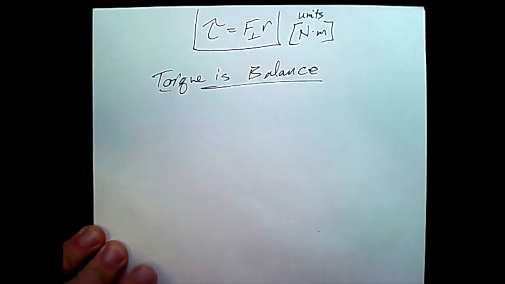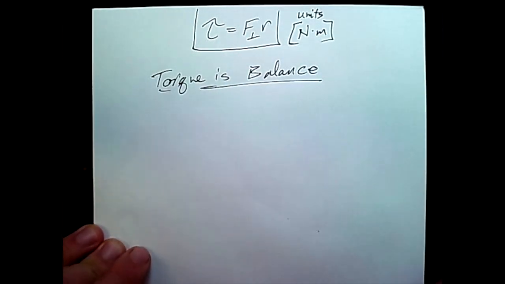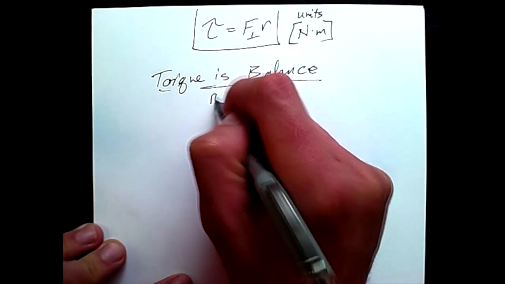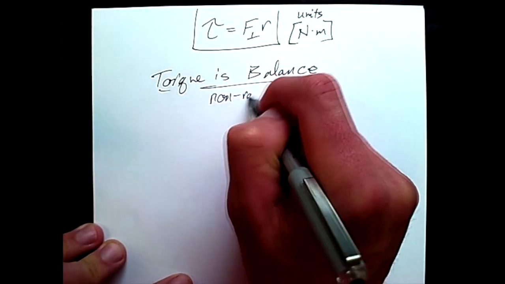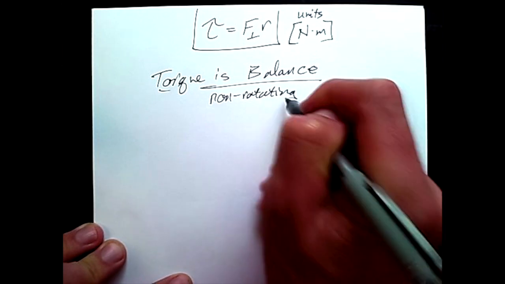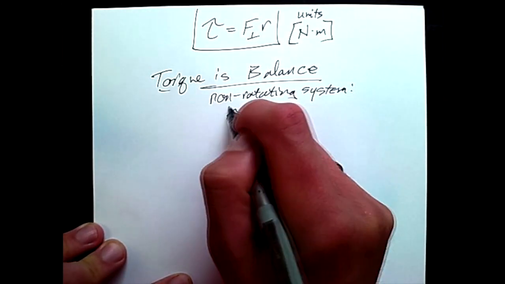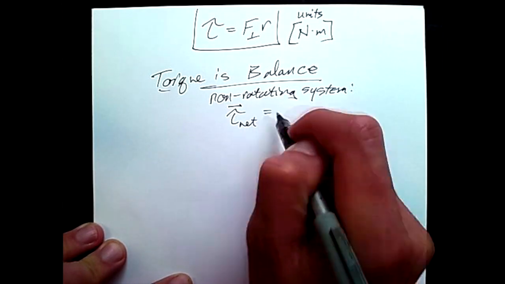Besides your most basic problems of turning knobs and rotating wheels, torque is also an effective way for static systems, in other words, systems that are not moving, that are balanced. We use the fact that a non-rotating system would have a net torque as vectors equal to 0.